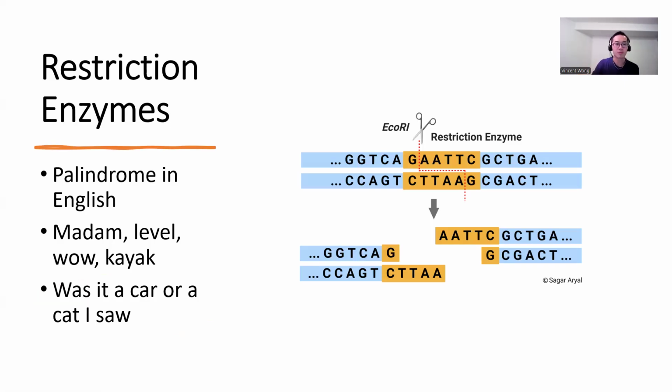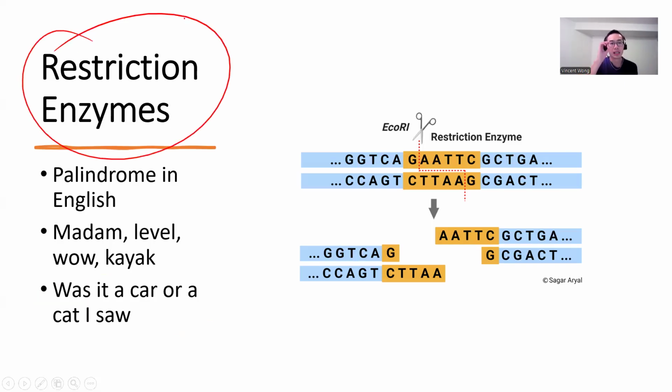In the context of restriction enzymes, the enzymes will find specific complementary palindromic sequences, such as the orange sequence here. This restriction enzyme is called EcoRI because it is taken from E. coli, and it will recognize GAATTC.